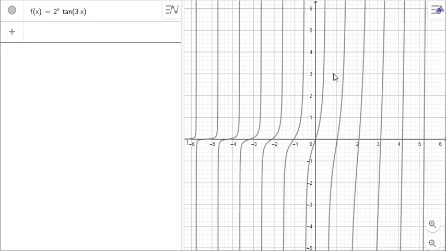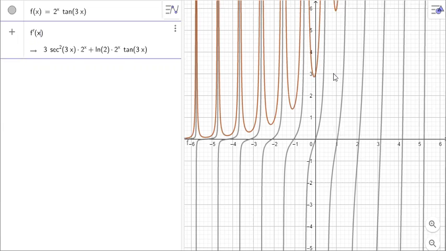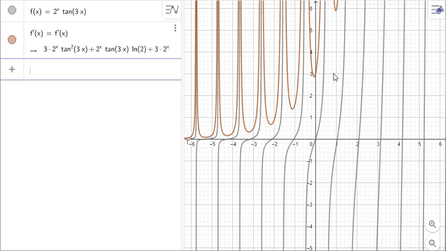So that is the function, and here at the right side of my screen is the graph of that function, f of x. So let's differentiate f of x and see if the answer is going to be the same thing as what we've done earlier.